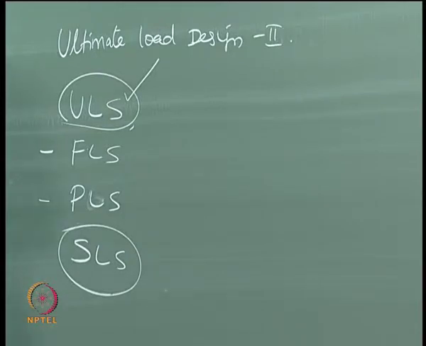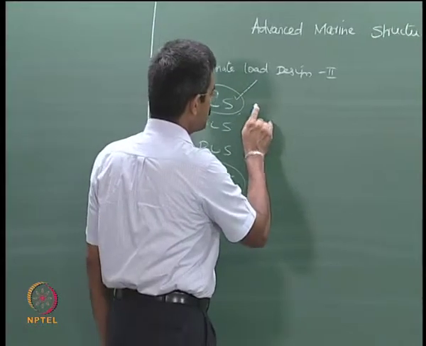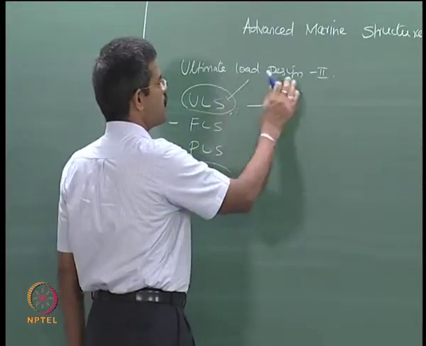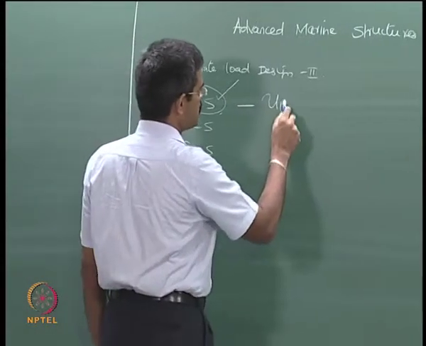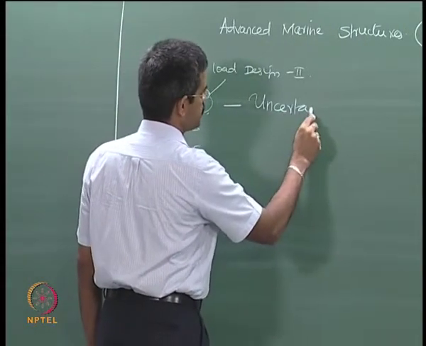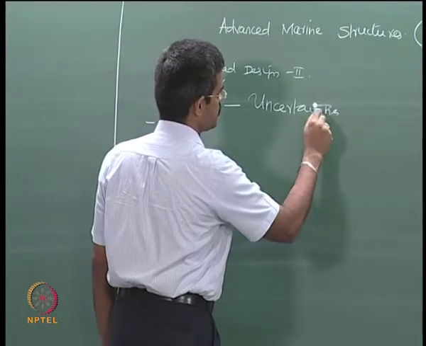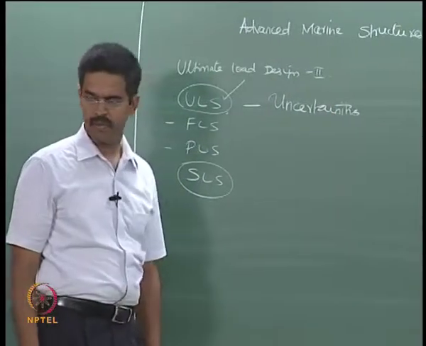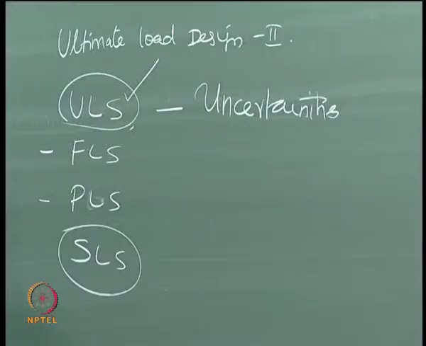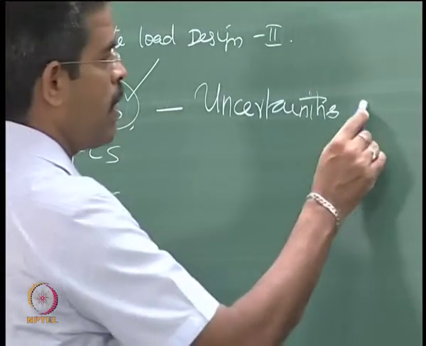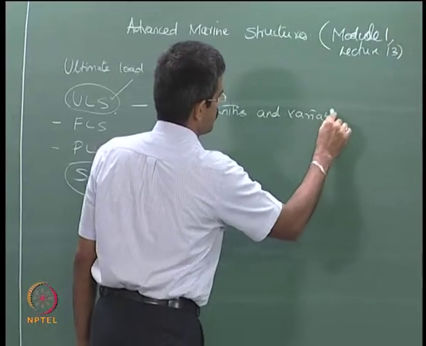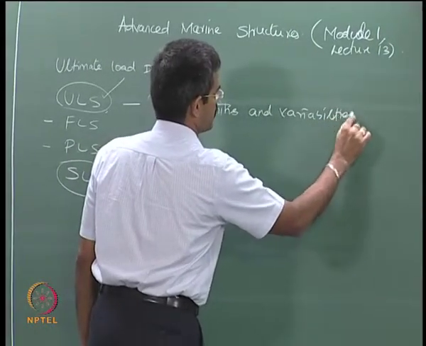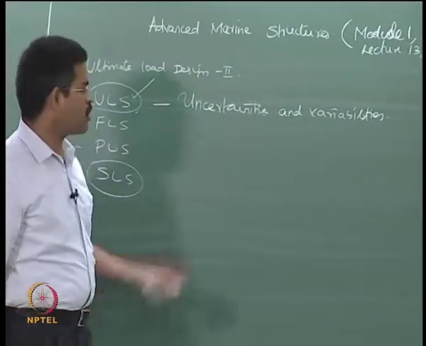Now, as we understood yesterday, the ultimate limit state or ultimate load design principle has a lot of uncertainties and variabilities.